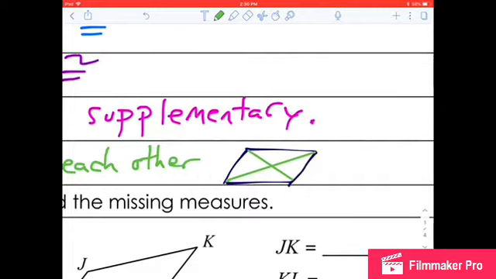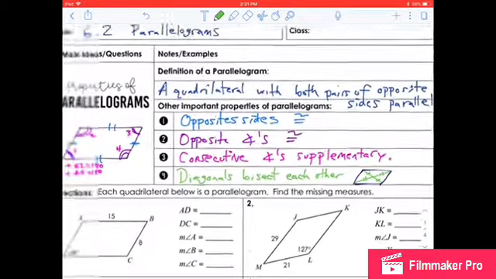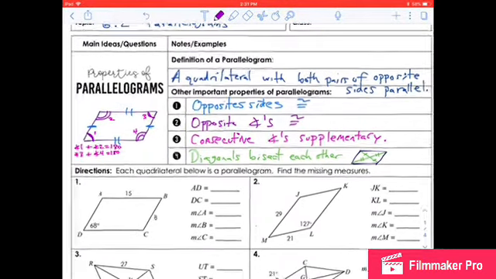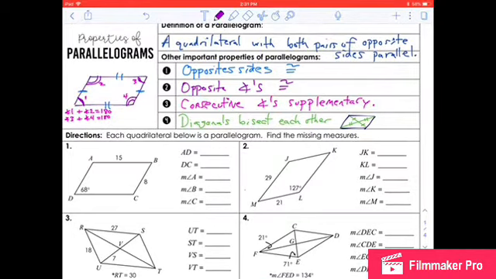So those bisect each other, meaning they split each other in half. So those 2 parts are congruent, those 2 parts are congruent. Okay? So those are 4 properties that we're going to need to get used to. But right now, just use the notes here as you go through these different examples.